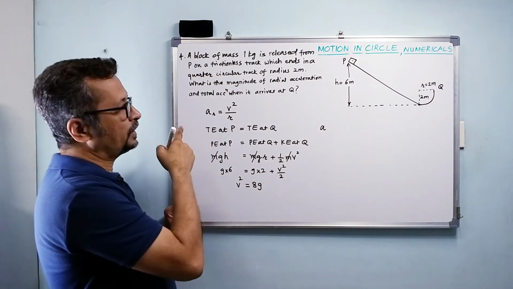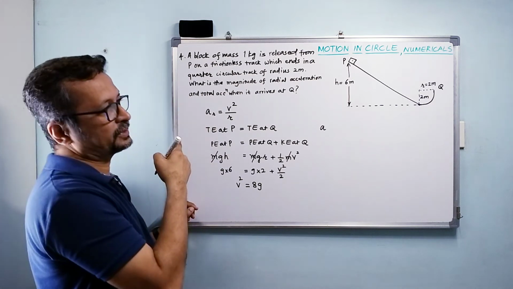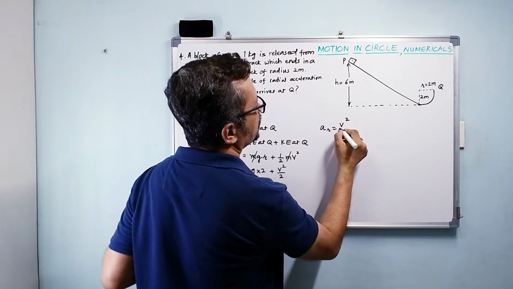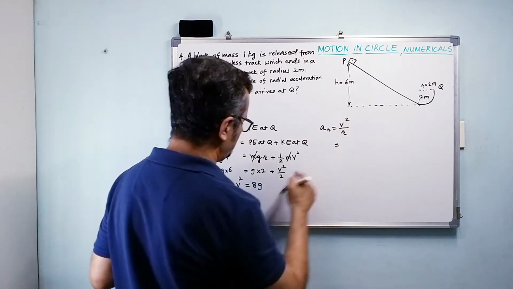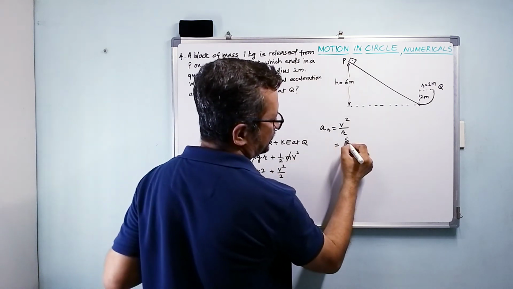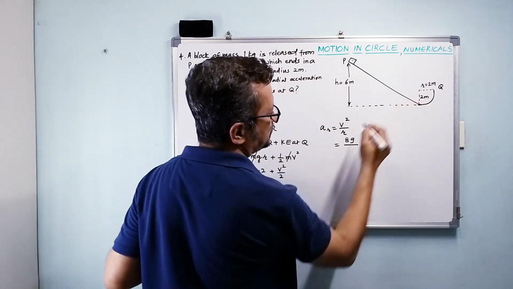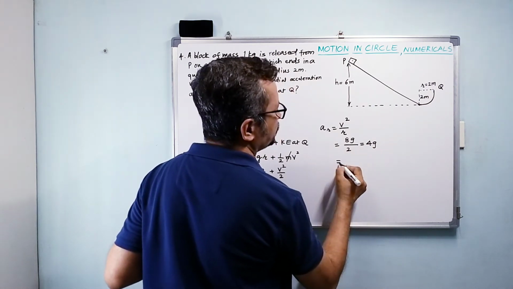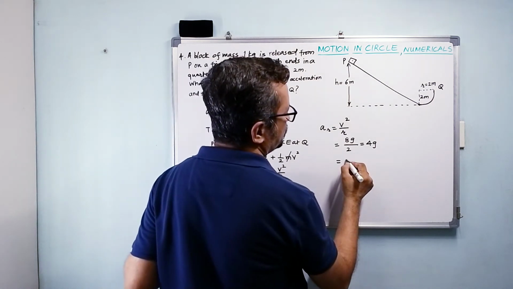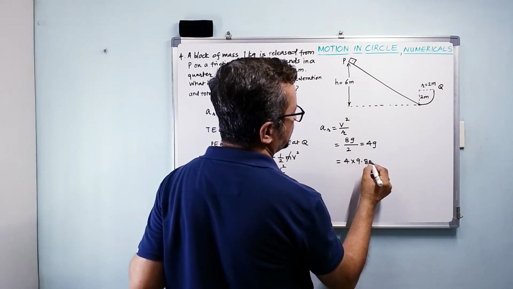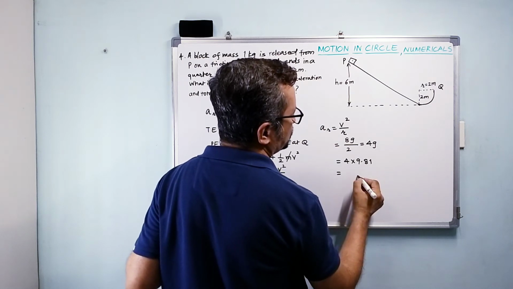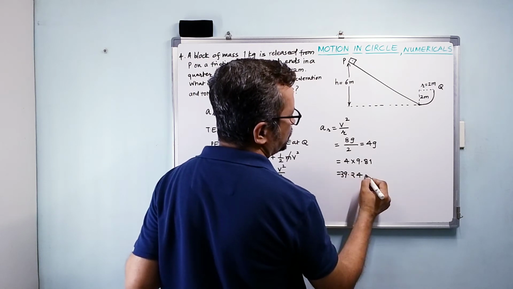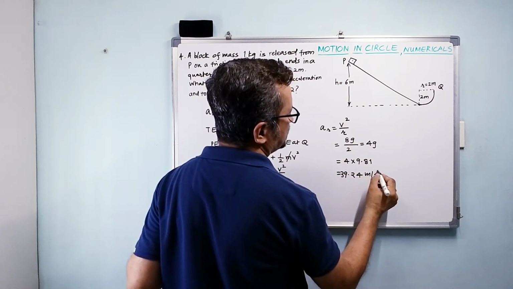Now here you need to find the radial acceleration, correct? So radial acceleration would be equal to v square upon r, and that is equal to 8g upon radius 2, so that is equal to 4g, and 4g would be equal to 4 into 9.81, so that would be equal to 39.24 meter per second square.